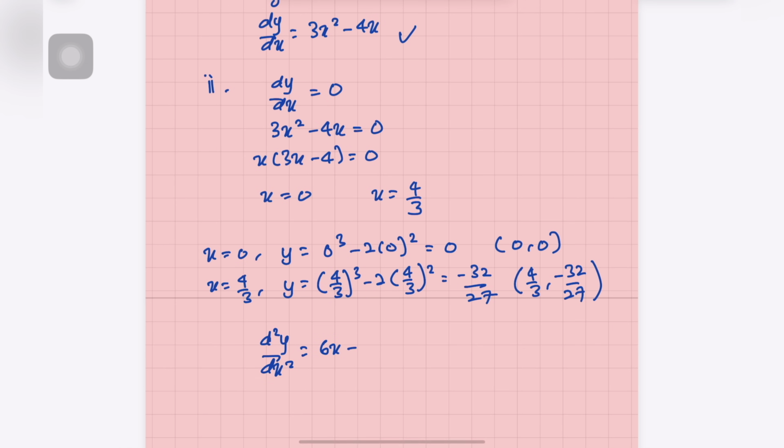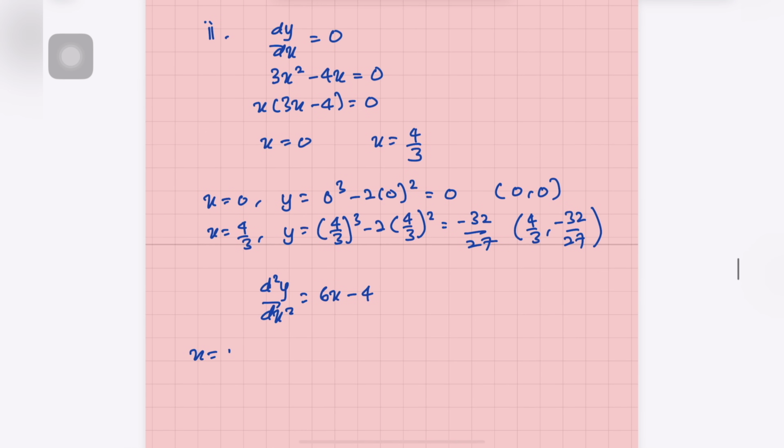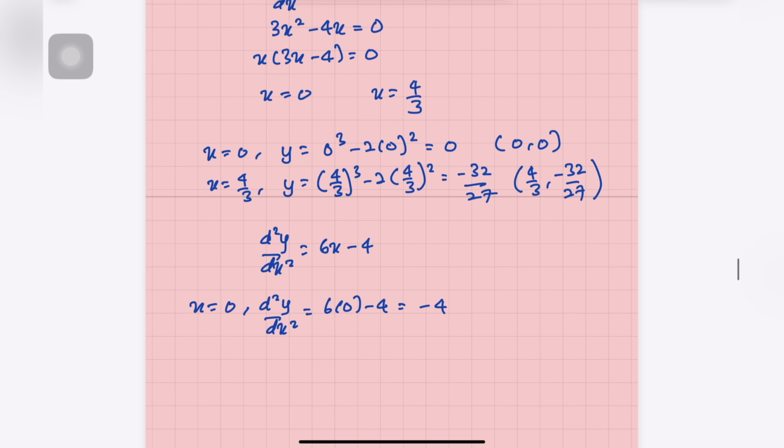So 6x minus 4. Then we substitute x equals 0 into d squared y over dx squared. 6 times 0 minus 4 is negative 4. So negative 4 is less than 0, so we have a maximum.